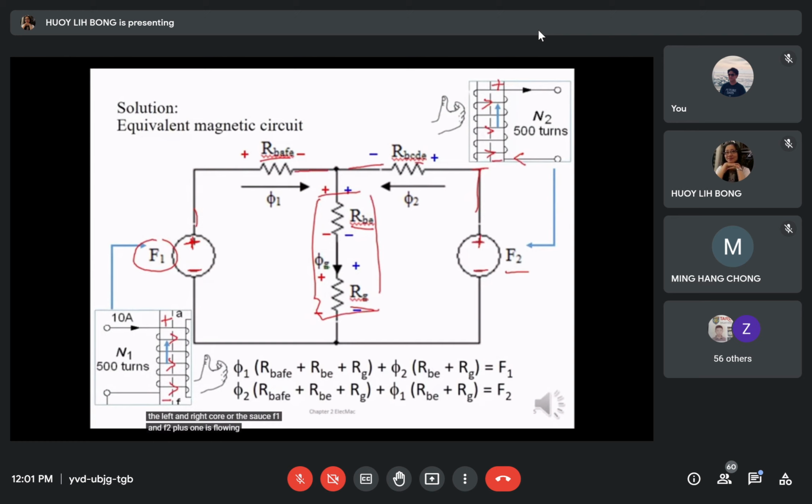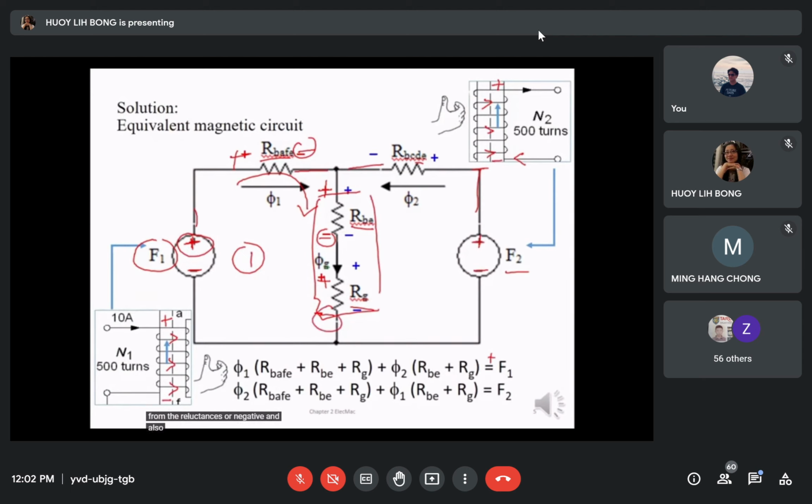Flux 1 is flowing clockwise, hence we can label the direction of the reluctances as plus minus and plus minus. For the equation, on the first loop, we have the flux flowing out of the source F1 as positive, and then flowing out from the reluctances are all negative.